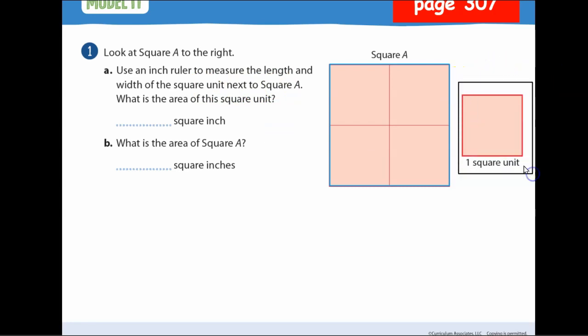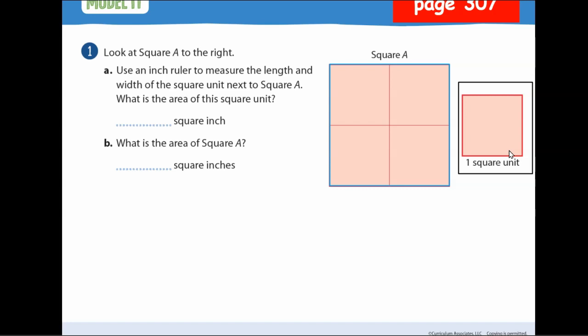Anybody do that? No, measure the little one. It's 1 inch by 1 inch, right?